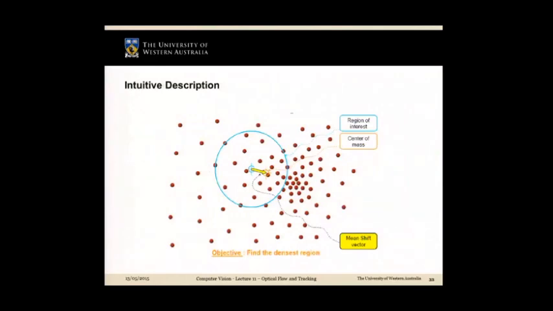Now, an intuitive description. Let's say we have this blue as our region of interest, and this tiny blue circle is the center of the object, and the orange one is the mean of the data. Now what happens is you compute the mean and you try to bring the center of the region of interest close to the mean.